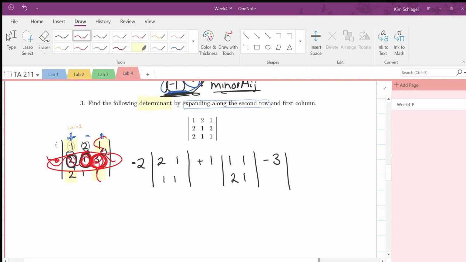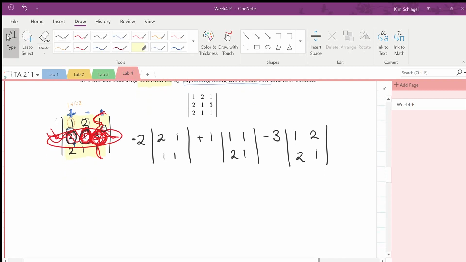We get rid of the row and the column that 3 is in, and you see that these are the entries left. So we have 1, 2, 2, and 1. Because there are no more entries in that row to expand, we're done with the whole expanding.